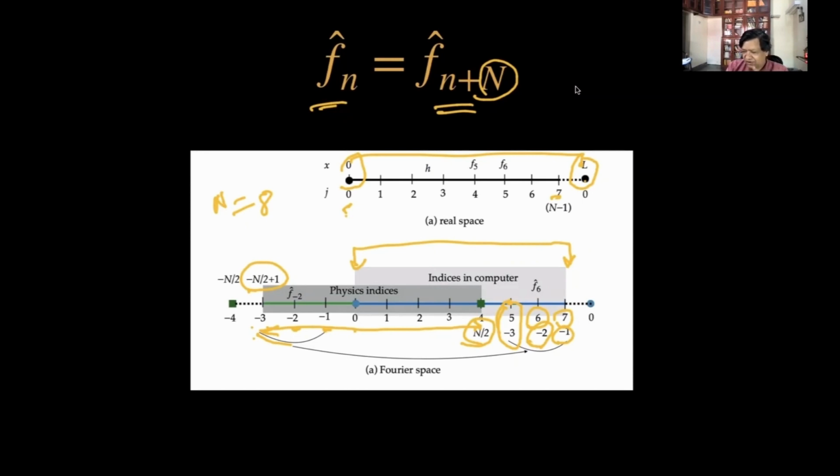So in your Python output, f hat will be 0 to N minus 1. It won't be minus N by 2 plus 1 to N by 2. Okay, and if you want some negative wave numbers, then you have to do this transformation and get values for negative n.